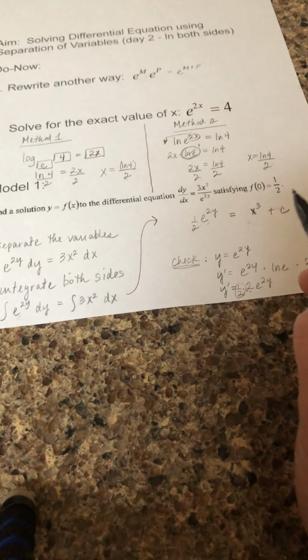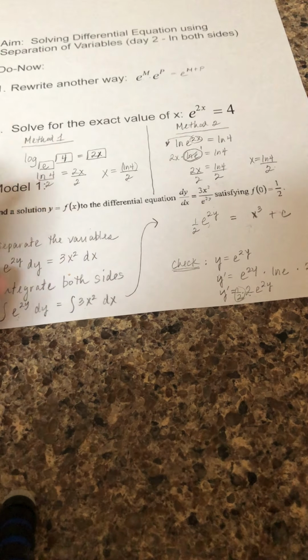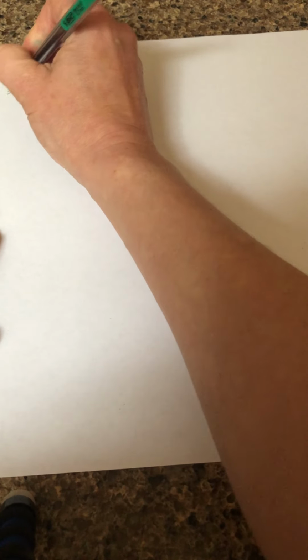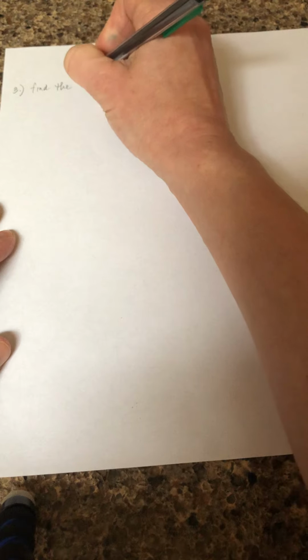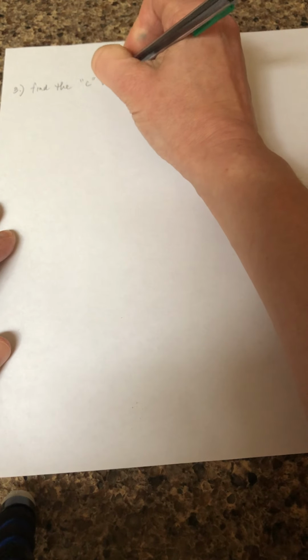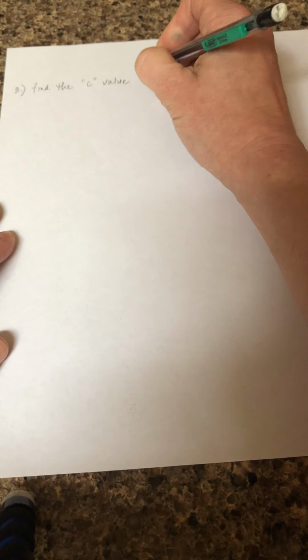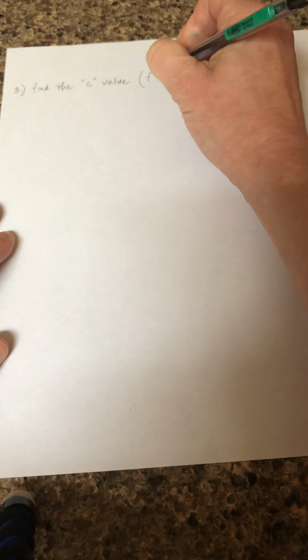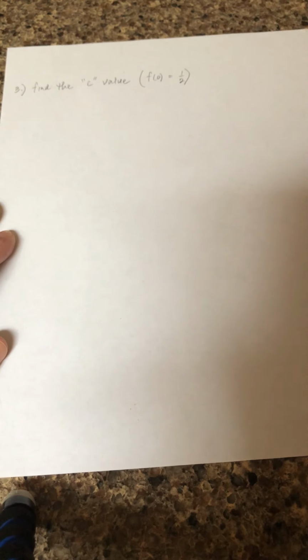So now we are ready for step 3, which is to find the c value. And the original condition provided to us was f of 0 equals 1/2.